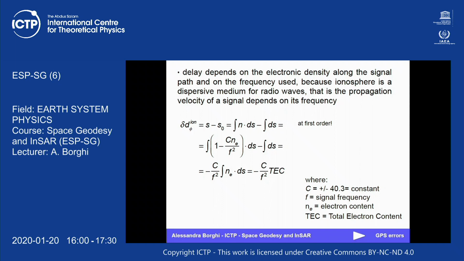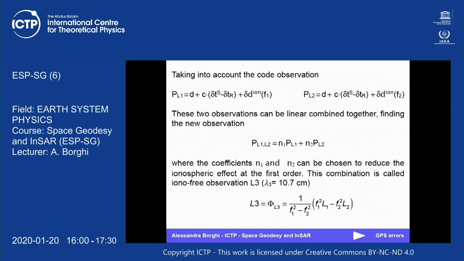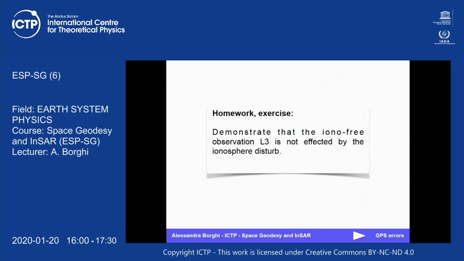And so, because we don't know this quantity, it's better to perform an iono-free combination, because in the iono-free combination you don't have to know this quantity, because it is removed by the equation at first order.